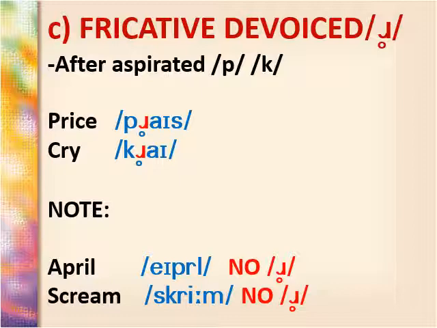Here again, you do not have the fricative devoiced R, because in scream the K is preceded by an S, so it's not aspirated. So only aspirated plosives provoke the devoicing of the fricative R. If there is no aspiration, you just mark the normal post-alveolar approximant.